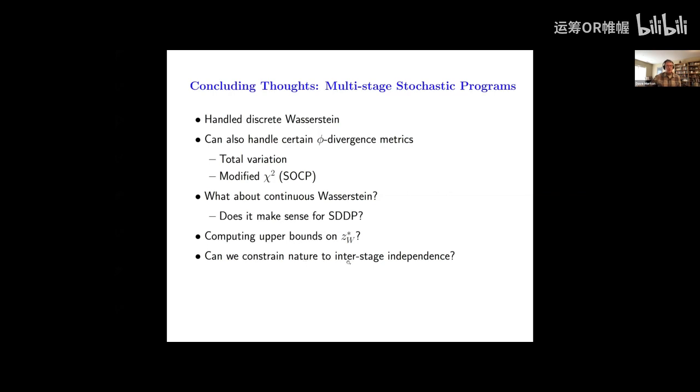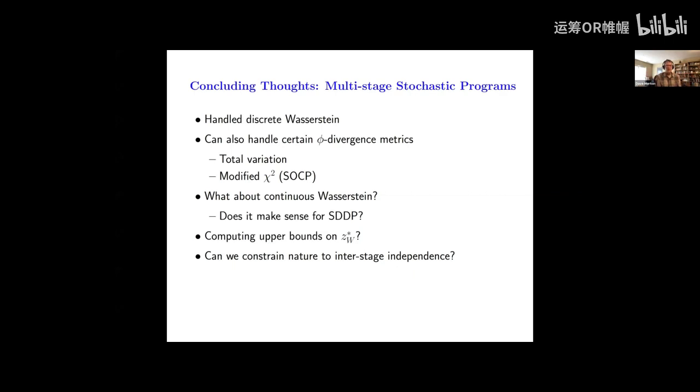I mean, another thing I don't know how to do is this. Suppose that you say, okay, my nominal distribution is interstage independent. And I told you that nature gets to choose a different probability mass function at that node and at this other node at the same level in the scenario tree, kind of due to rectangularity and separation.